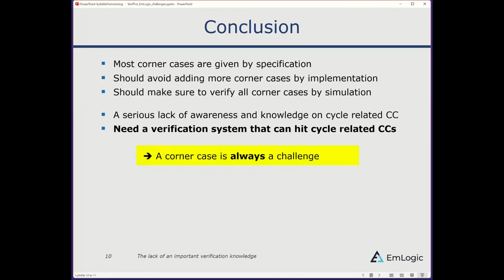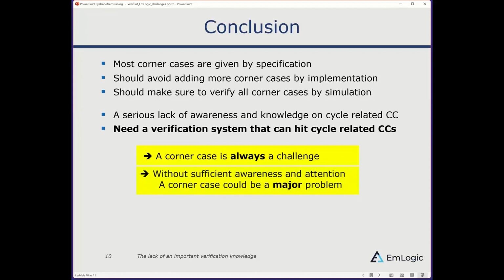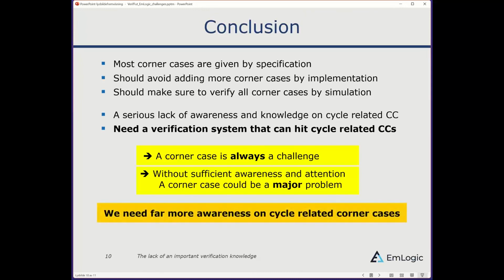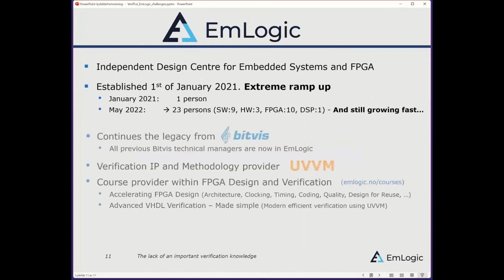So yes, a corner case might not be a problem in itself, but it's always a challenge, because we have to check it out. And without sufficient awareness and attention, a corner case could definitely be a major problem. And again, we need far more awareness on cycle-related corner cases.